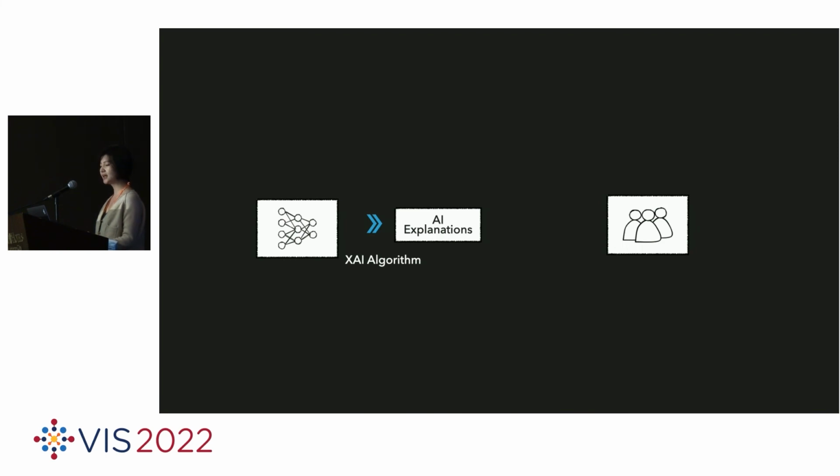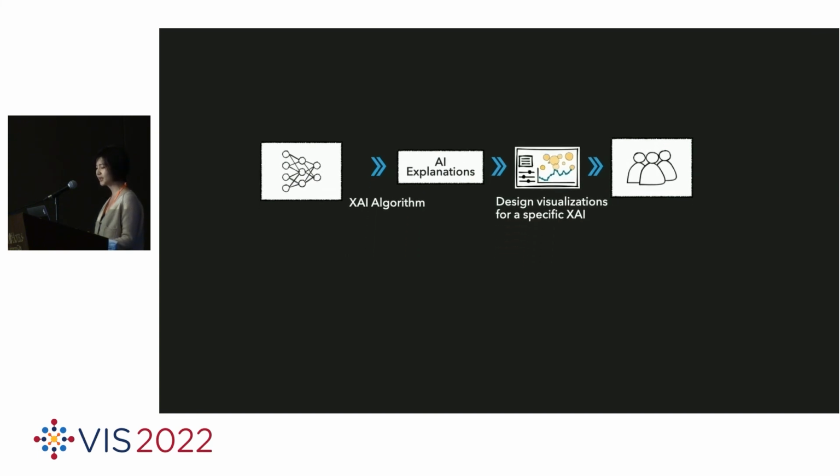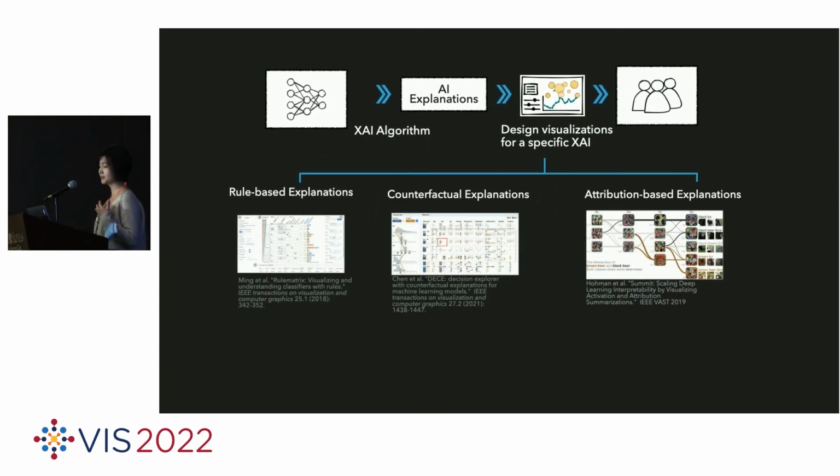Existing AI visualization tools are usually designed for one specific AI explanation, such as rule-based explanations, counterfactual-based explanations, and attribution-based explanations. These tools are exciting as they are able to effectively present the hidden information in the black box. However, they're often designed and evaluated on general tasks, such as show me some explanations, it must be better than nothing.